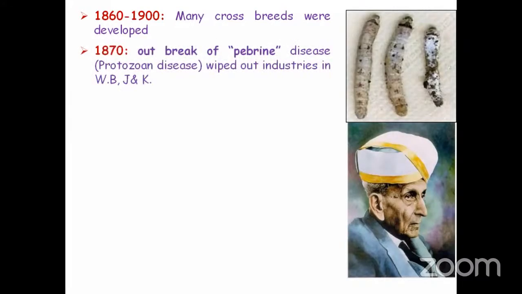Then in the 1870s, there was an outbreak of pebrine disease. This is a protozoan disease harmful to silkworms. The outbreak in 1870 wiped out the industries in West Bengal and Jammu and Kashmir.